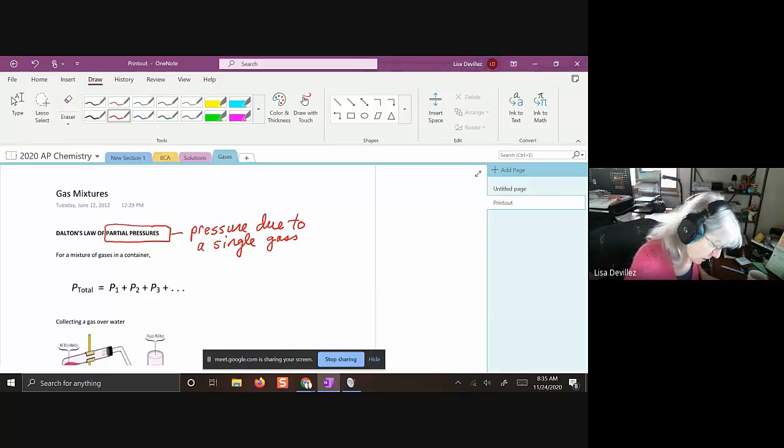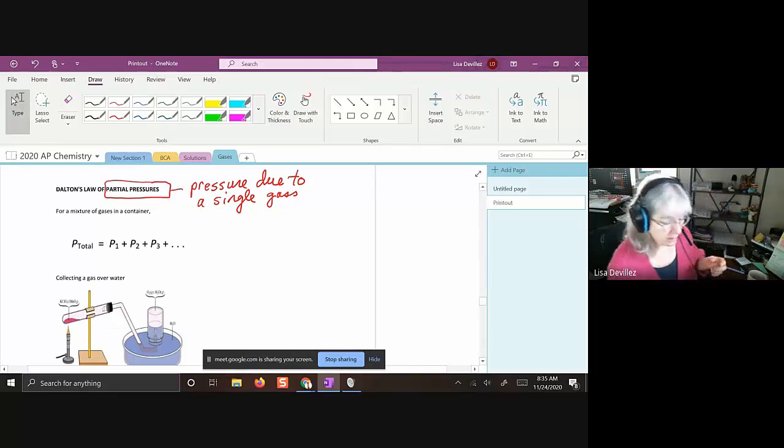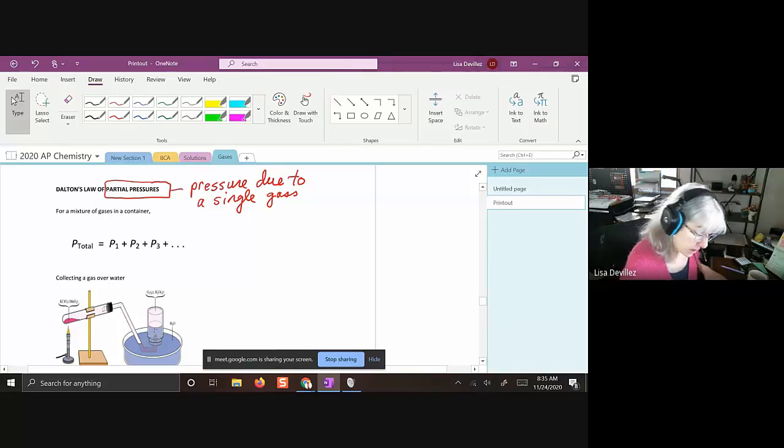So here we have that those partial pressures are completely additive. The fact that they're in a mixture doesn't reduce their effectiveness. So the total pressure is just the sum of the partial pressures of all of the gases in the mixture.